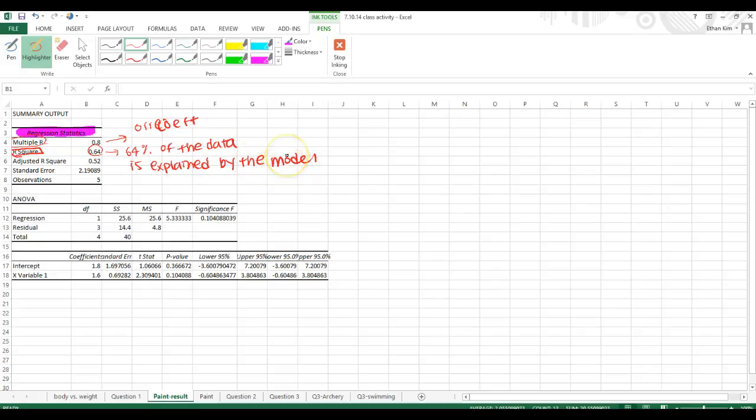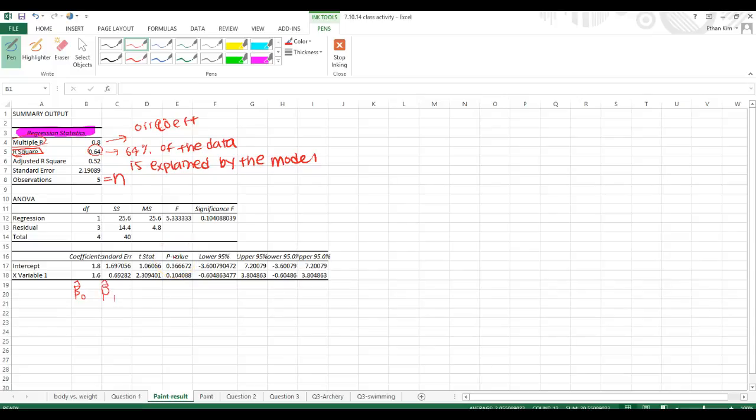Adjusted R squared and standard error, we're not going to talk about that. Observations just means number of observations, so that's n. And then we have these, which are degrees of freedom, regression, residual, and intercept and x variable. These are what we use to verify if B1 and B0 are significant.